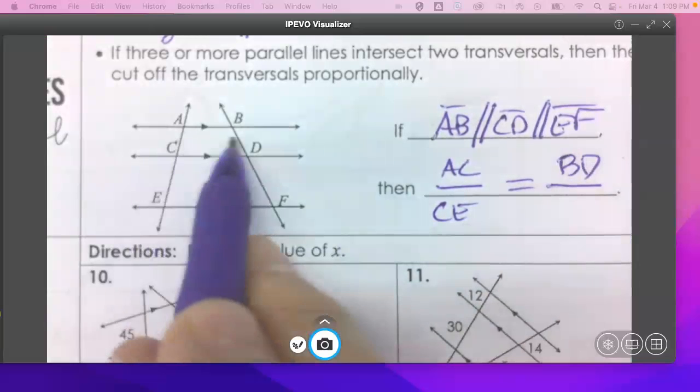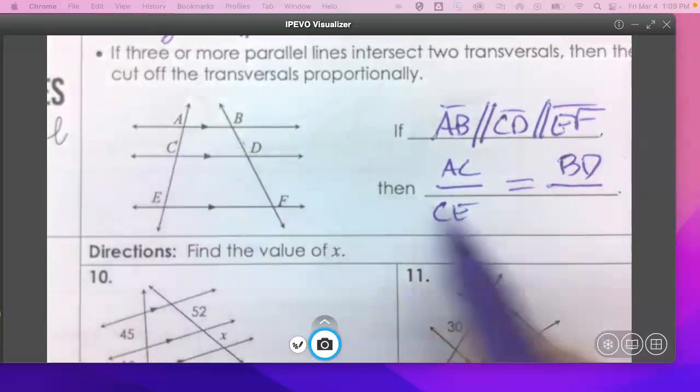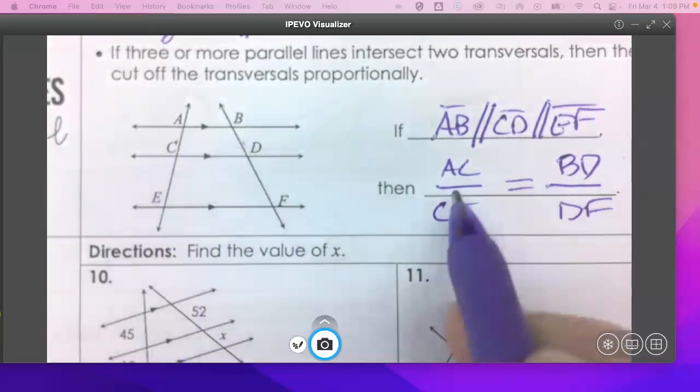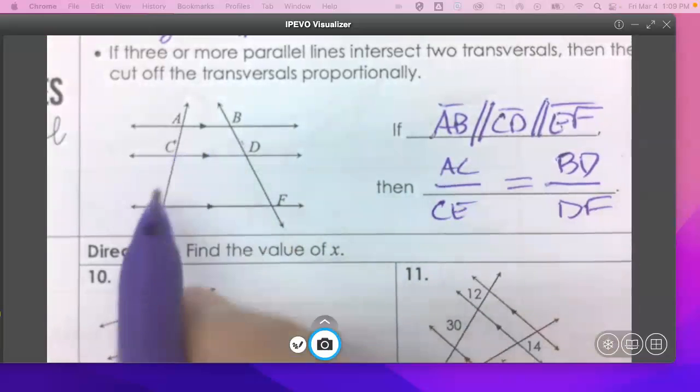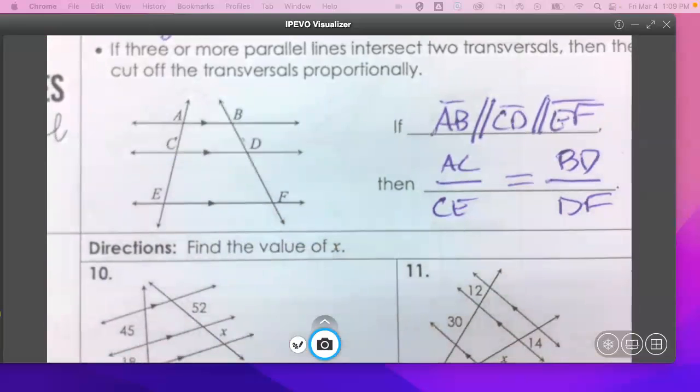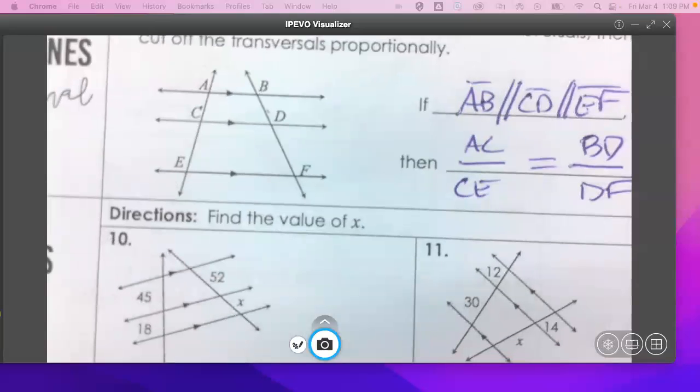BD, because it shares this segment gap with AC. They've got something in common. And then CE shares with DF, so they've got something in common. These have something in common because they're on the left side. These have something in common because they're on the right side. And so you'll be solving these problems the same way as you did on the other side. It's just not triangles, it's parallel lines.